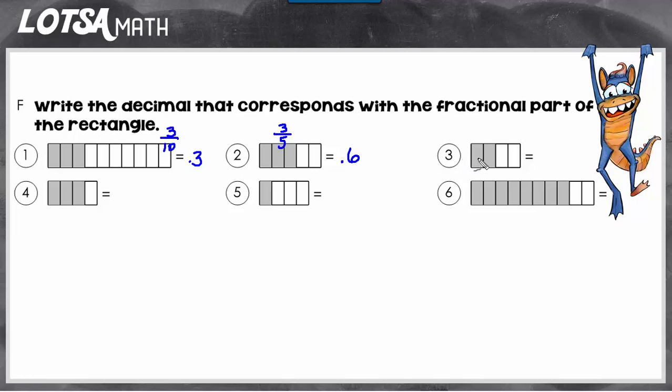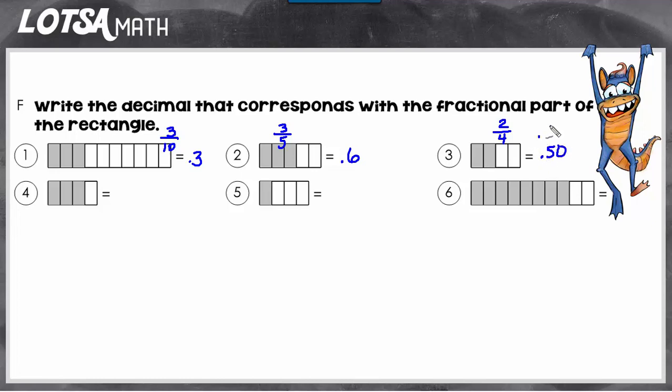Let's look at number 3. Here we have 4 pieces, and 2 out of the 4 are shaded. So now we have to think about where is the decimal equivalent for fourths. So remember, the first fourth is 25/100, and the second fourth is 50/100.